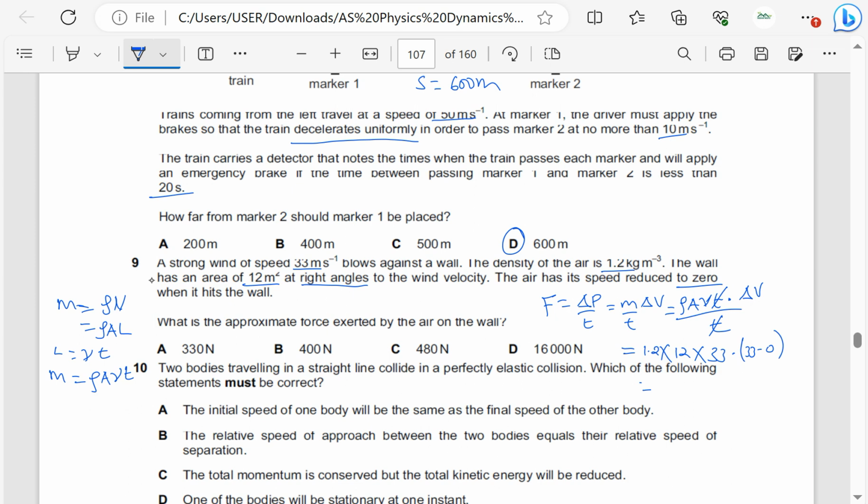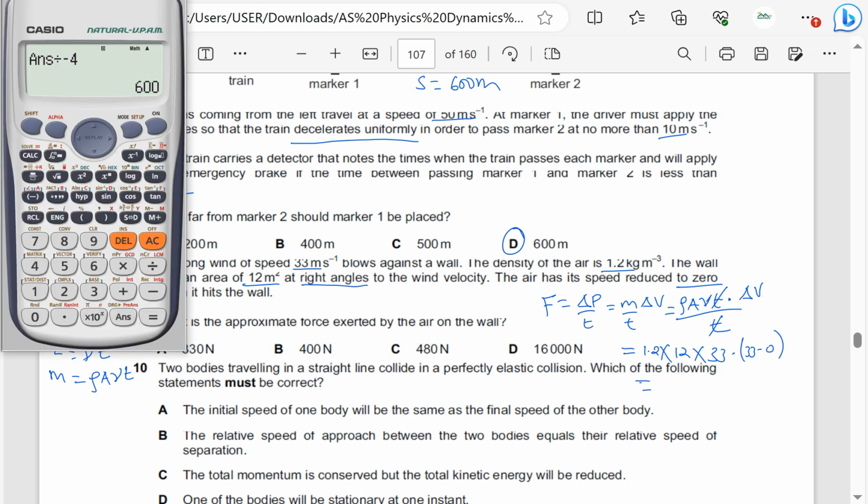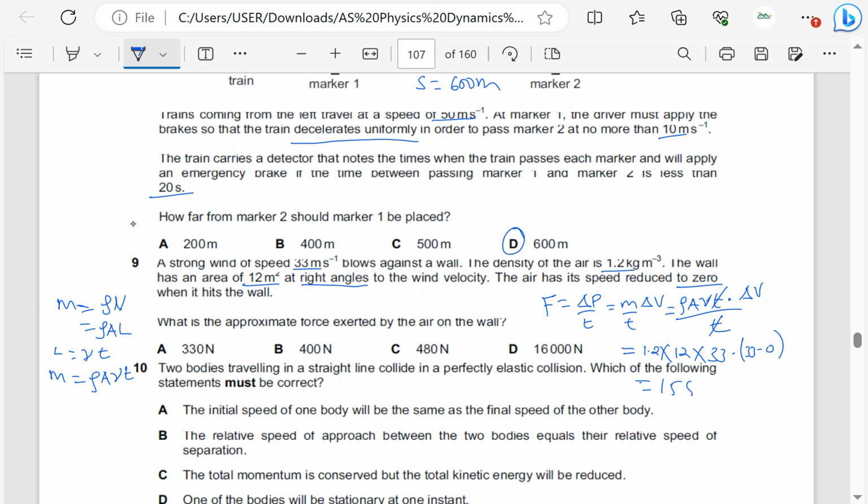So this gives us 1.2 times 12 times 33 times 33, which gives us 15681, or approximately 16000 newtons. So the answer is going to be D for that case.